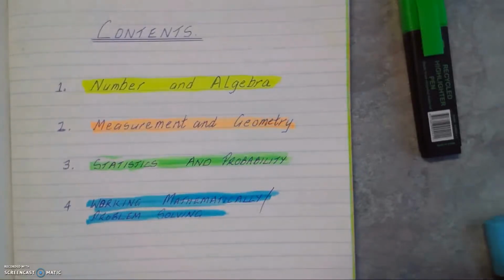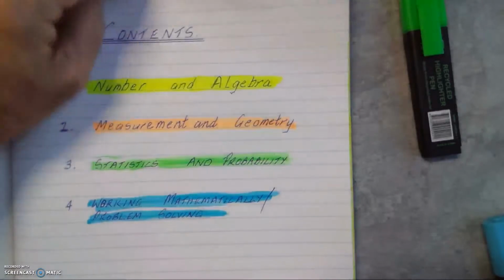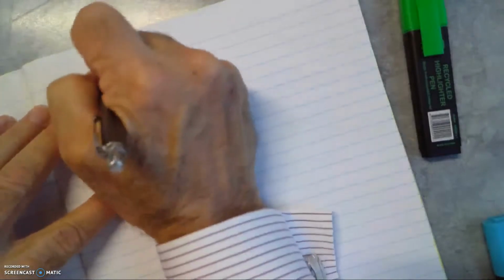And what I do is go into each section, number and algebra. I'll put there number and algebra, and I'll just make a heading here for number and algebra.